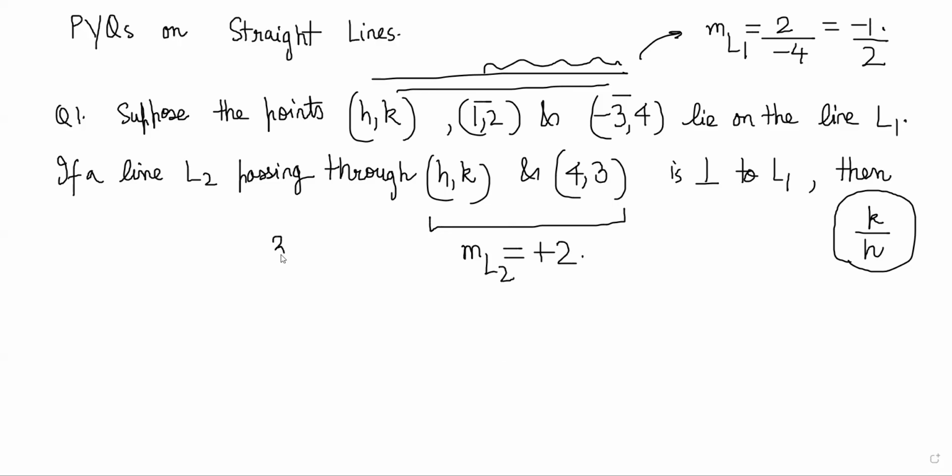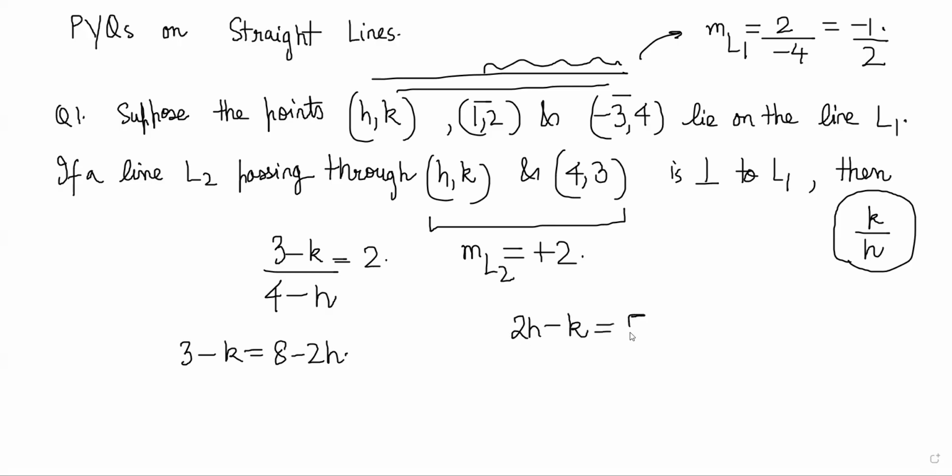And therefore, you can say (3 minus k) by (4 minus h) is equal to 2, right? From here, we can easily find the relationship between h and k. We get 3 minus k is equal to 8 minus 2h, and therefore you get 2h minus k is equal to 5.